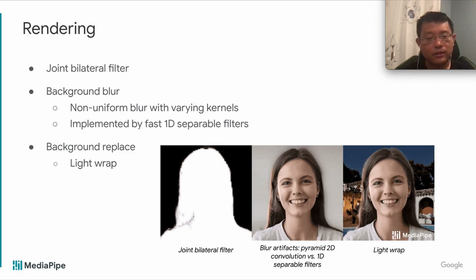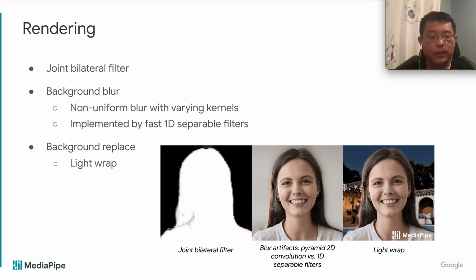Usually, it's implemented by a pyramid of 2D convolutions to be efficient for computing large blurs. We instead use a different approach that computes 1D separable filters on one level. It runs faster and reduces artifacts around the person. The middle figure shows a comparison of the pyramid 2D convolutions and 1D separable filters.